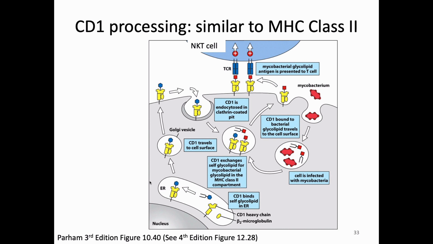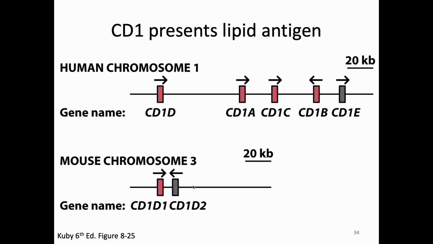CD1 picks up lipids in different parts of the endocytic pathway to present those lipids. In humans, we know that there are actually multiple types of CD1. There's only one type in mice, and so we don't totally understand what's up with the different ones in humans. We know a lot more about CD1 in general from the mouse.